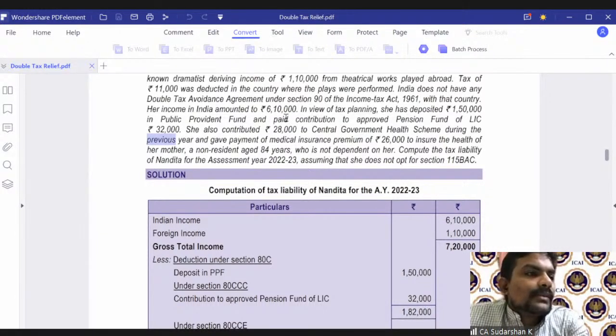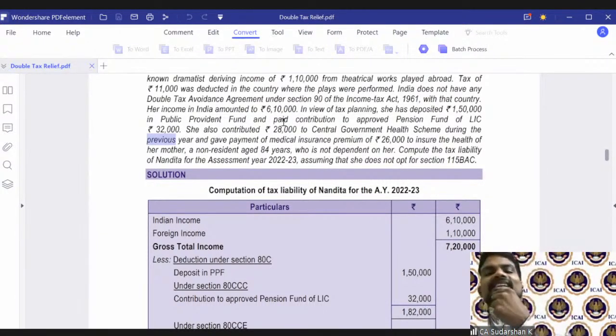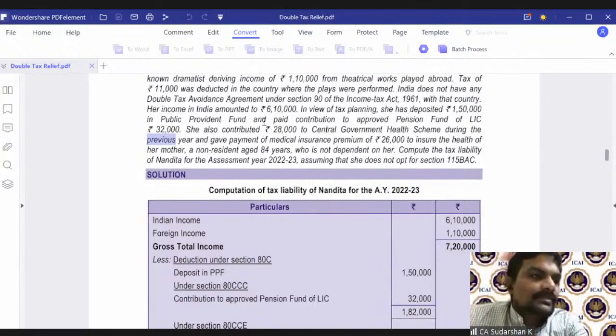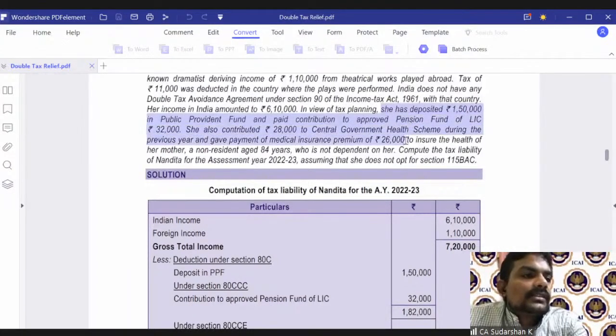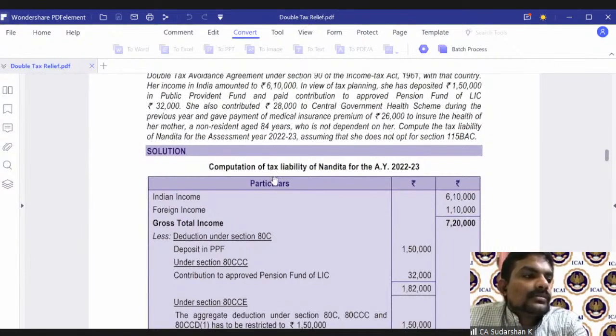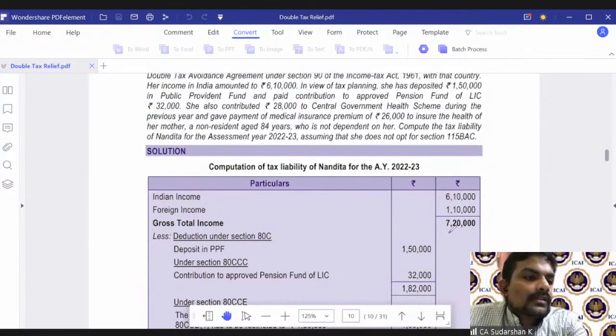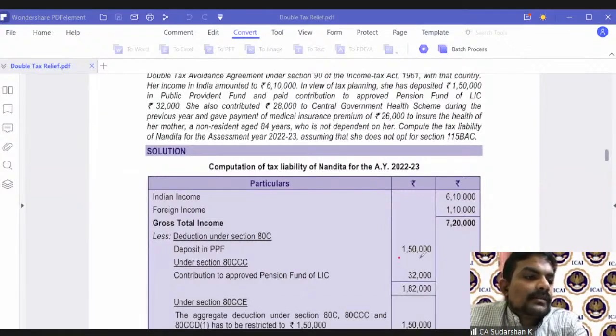Now, the point which the illustration tries to emphasize is that when you compute your total income, you're going to give benefits for these Chapter 6A deductions. So if you see, a PPF deduction of 1,50,000 is available.